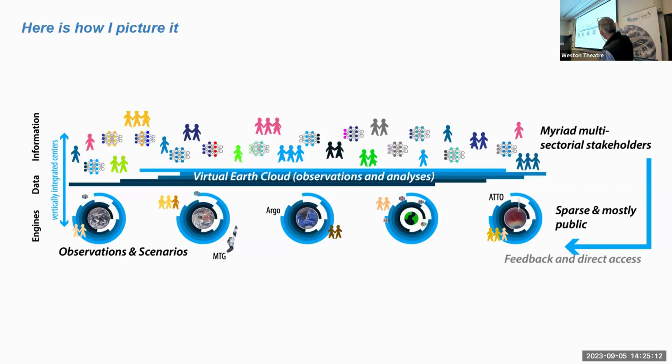But equally important to Eve is this next layer, which they call the virtual Earth cloud, which is really, how do we take this data and make information from it? And how do we integrate the data generation, information generation, knowledge generation back to the data generation? And we think these Eve nodes will be doing this.